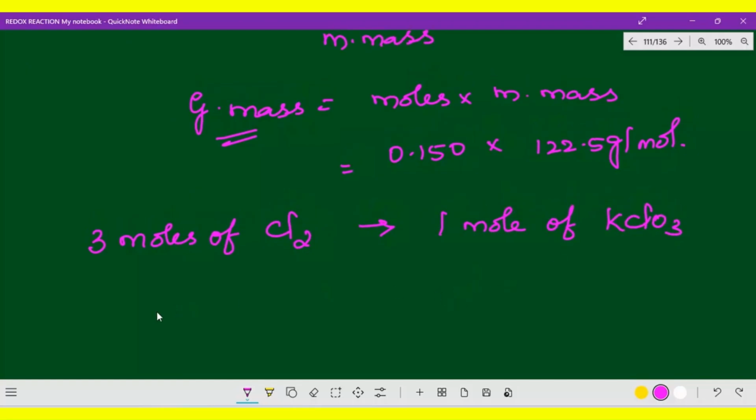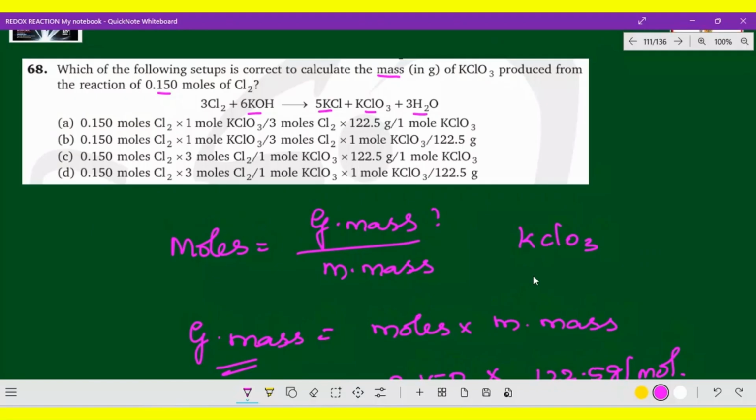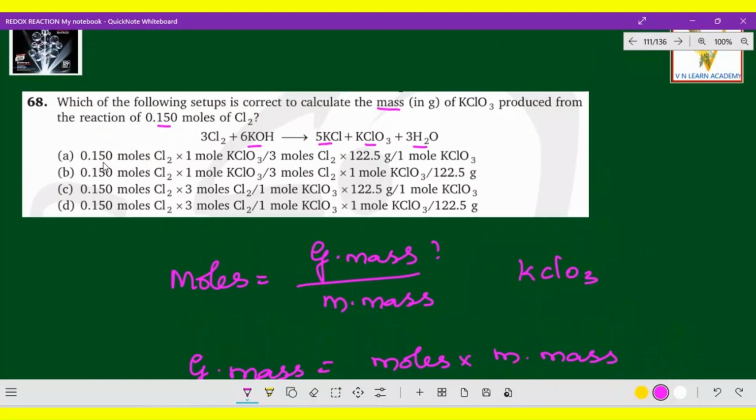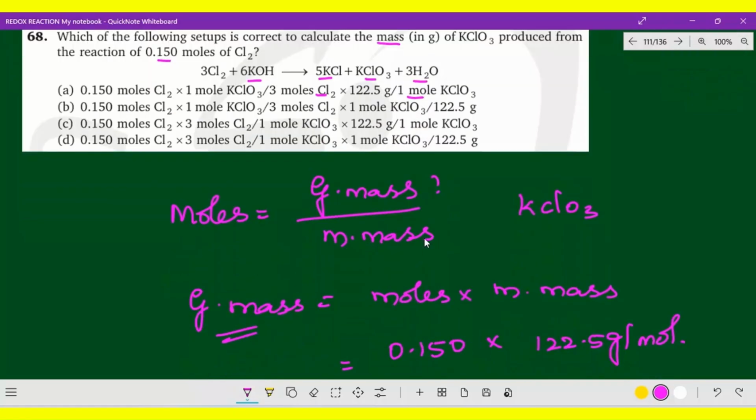Therefore, 0.150 moles of chlorine can produce how much? 0.150 moles of chlorine into 1 mole of KClO3 divided by 3 moles of chlorine. Exactly, it is correct. Into molecular mass of potassium chlorate divided by 1 mole of KClO3. Here, exactly, it is correct.